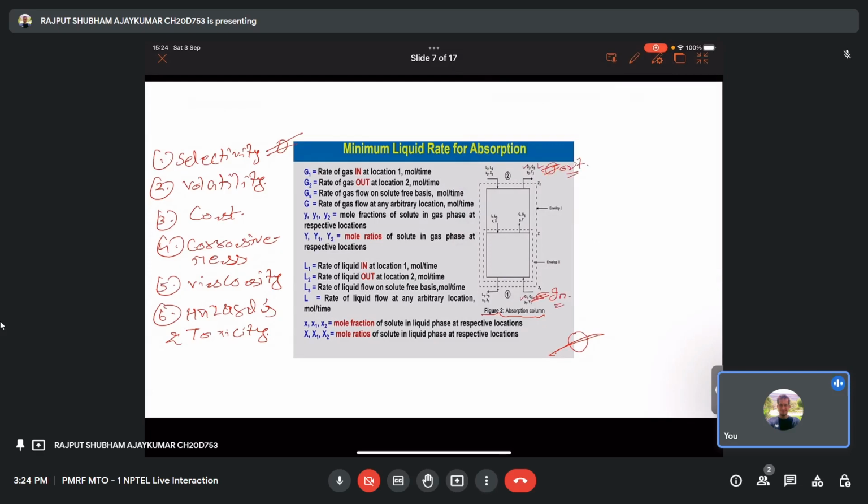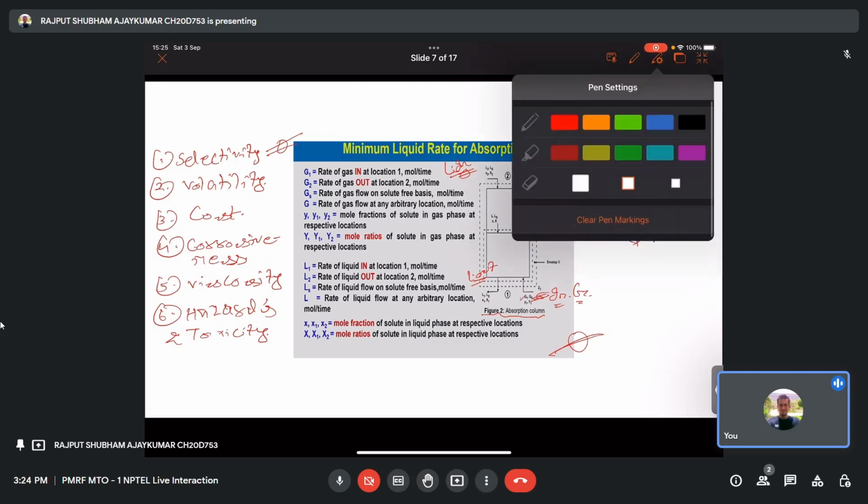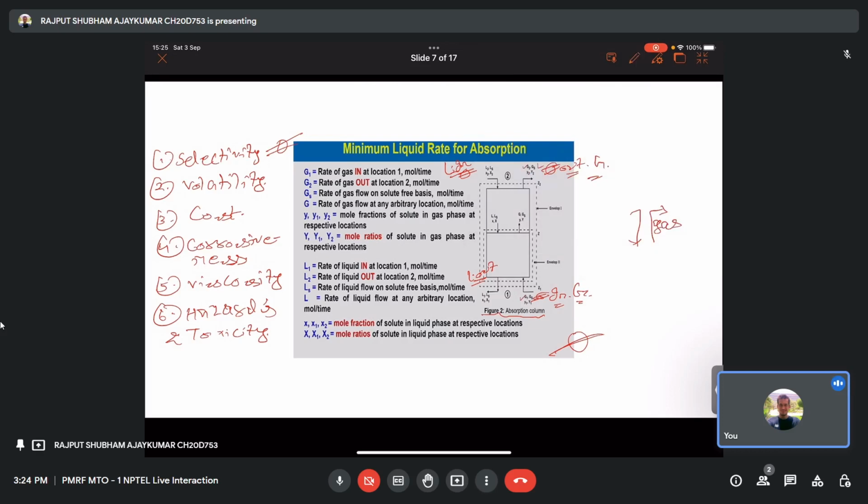Similarly, this is the liquid inlet, and this is the liquid outlet. So you can see the gas and the liquid are flowing in the opposite direction. Both are flowing in opposite directions. So this is known as counter current mode, in order to effectively absorb the gas into the liquid solvent.